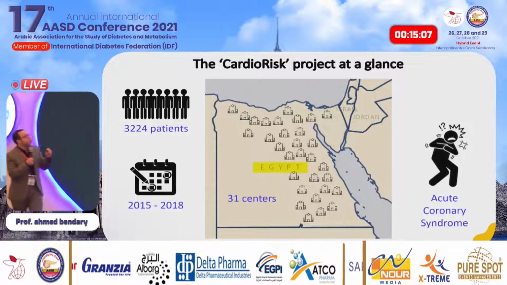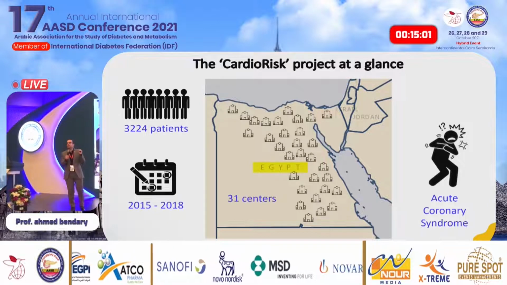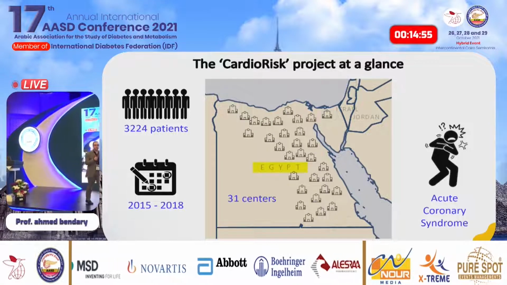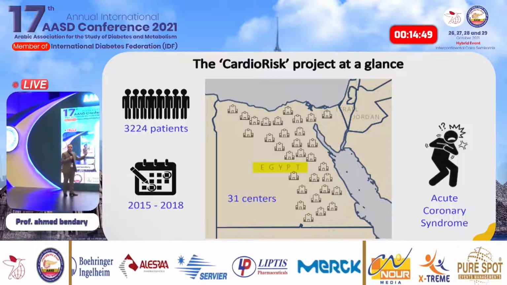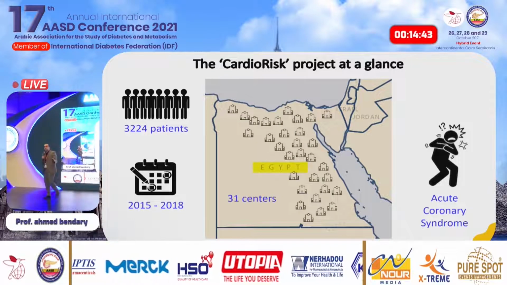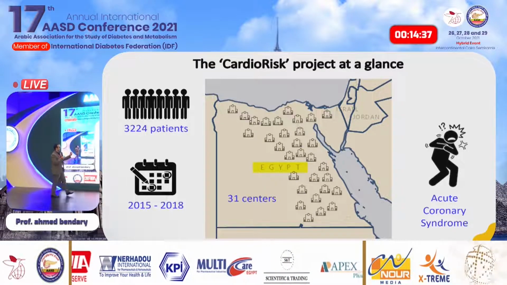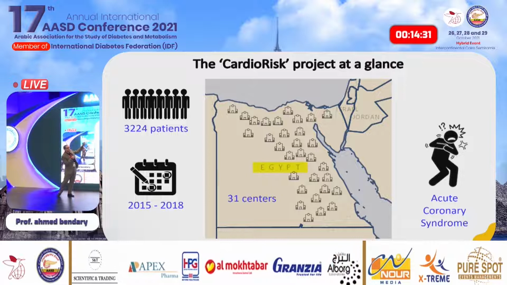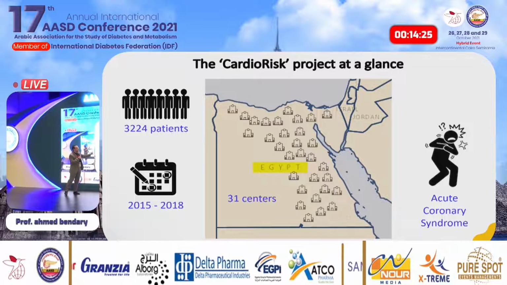So, we carried out the CardioRisk Project. In simple terms, this was by definition the largest cross-sectional study ever done in Egypt on patients with acute coronary syndrome. About 3,224 patients, all having acute coronary syndrome, whether ST elevation myocardial infarction or non-ST elevation acute coronary syndrome, from 31 coronary care units distributed all over Egypt, Upper Egypt, the Mediterranean region, and even including one center in Sinai, in the period from 2015 to 2018.